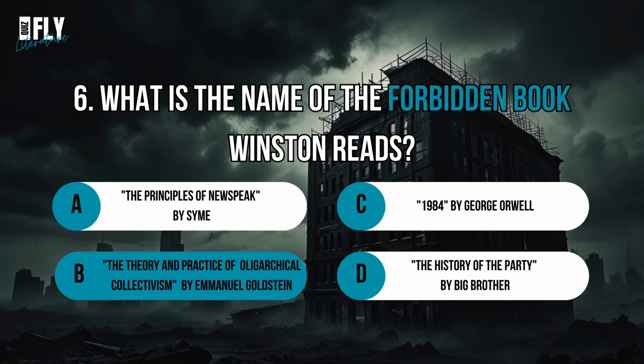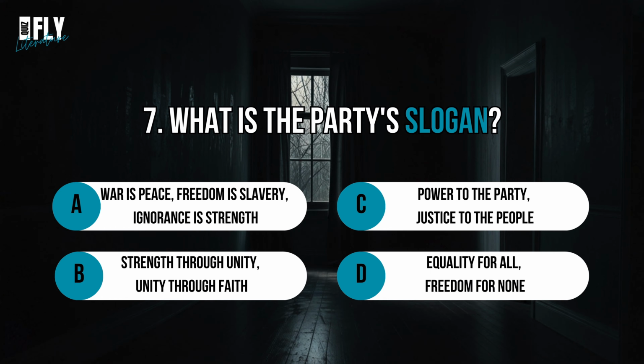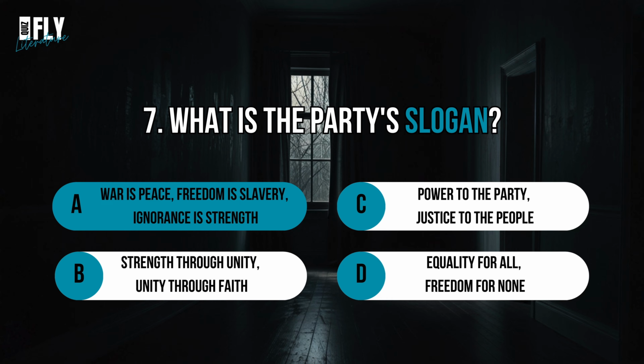The Theory and Practice of Oligarchical Collectivism by Emmanuel Goldstein. What is the party's slogan? War is peace, freedom is slavery, ignorance is strength.